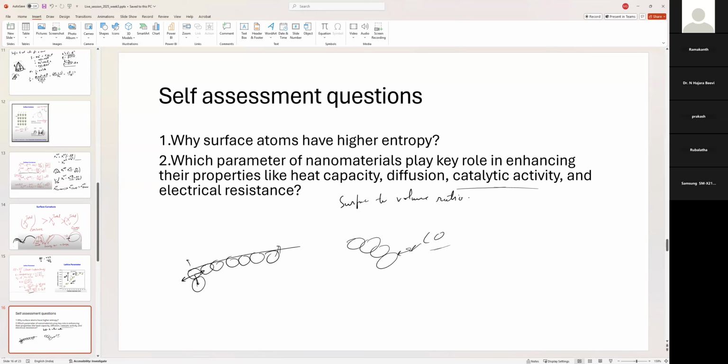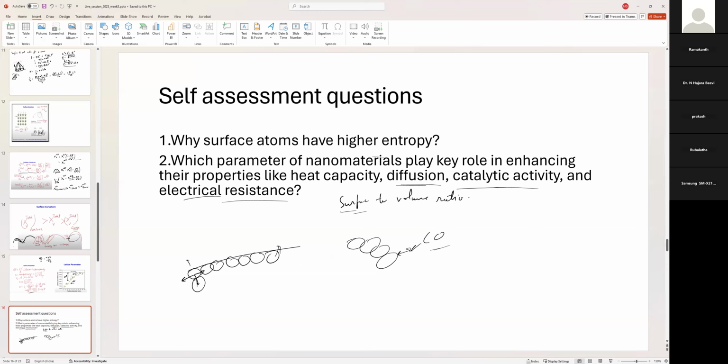If your surface area is higher, we just saw they have higher entropy, so they promote diffusion. Electrical resistance again, since the surface area is larger, you have more barrier for the electrons to move, so increasing your resistance.